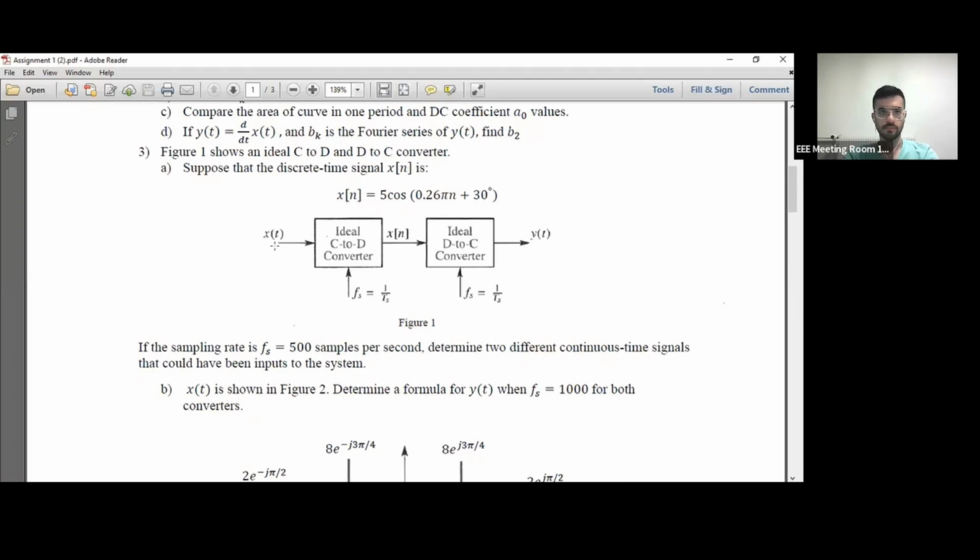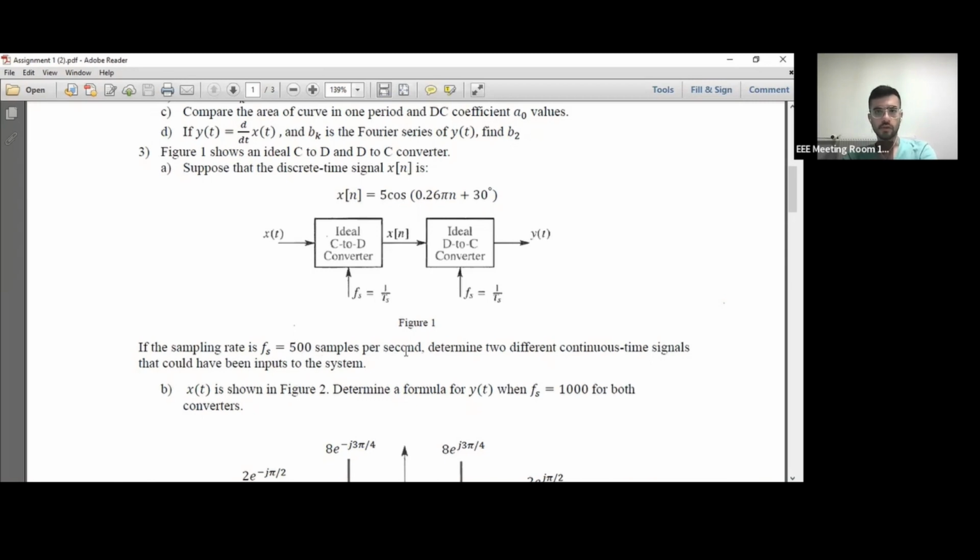So discrete time, then we will have continuous time t, and the output is y of t. We have sampling rate fs, which is 1 over ts. If the sampling rate is 500 samples per second, determine two different continuous time signals that could have been inputs to the system.